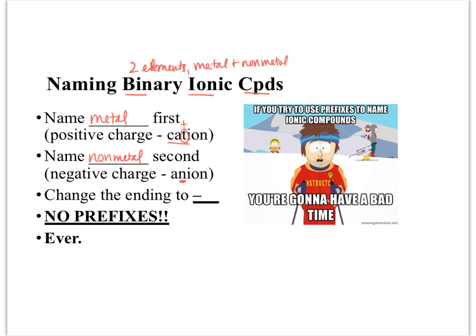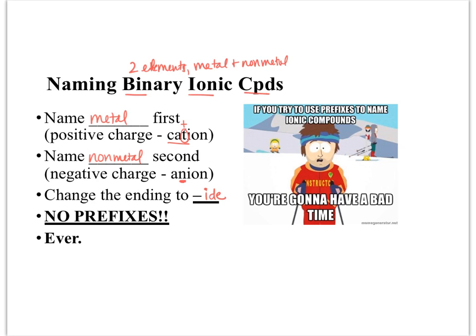So the metal gets named first and the nonmetal gets named second, and then we change the ending of the compound's name to ide, I-D-E. So we'll always name the metal, name the nonmetal, and change the ending of that second word, that nonmetal's name, to I-D-E.